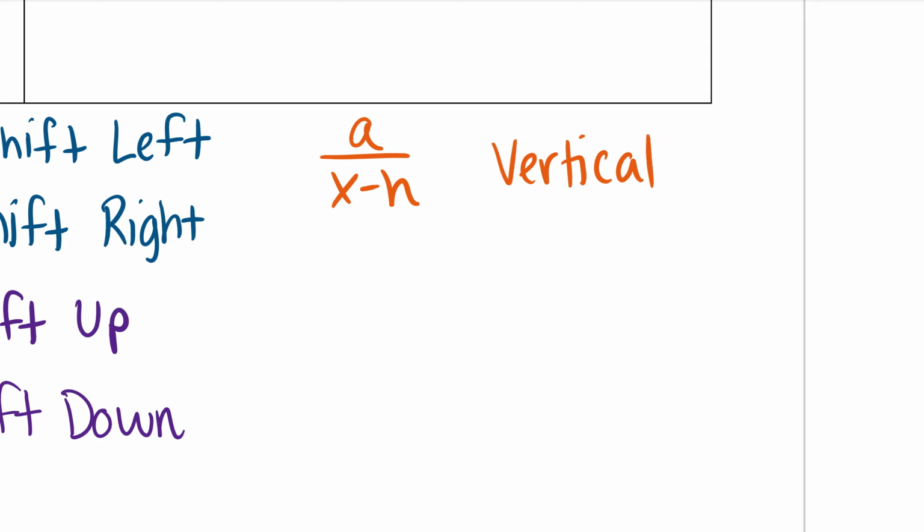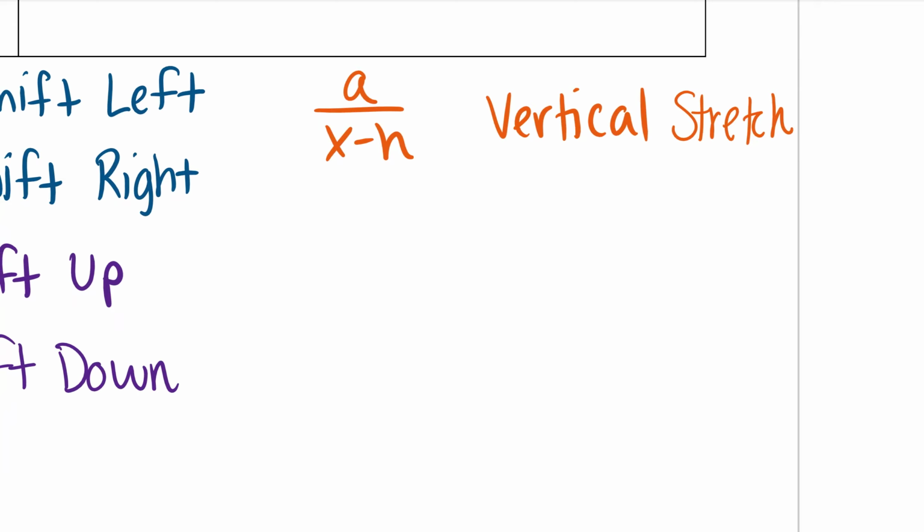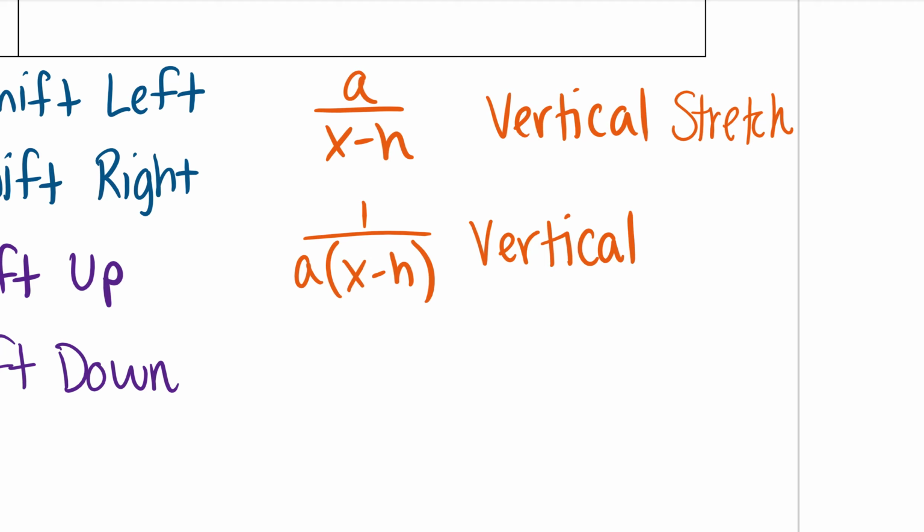So if I have some number on top besides 1, then it stretches. Now here's where it gets a little tricky. If I have 1 over a and then x minus h, that would be a vertical compress. So now some number's on the bottom. Alright, so I can have a number on top, a number on bottom.